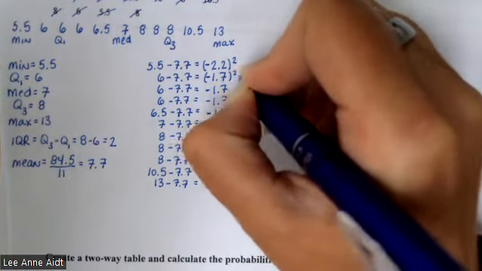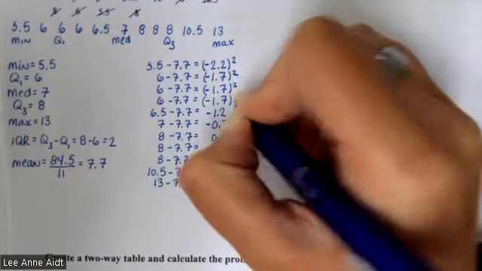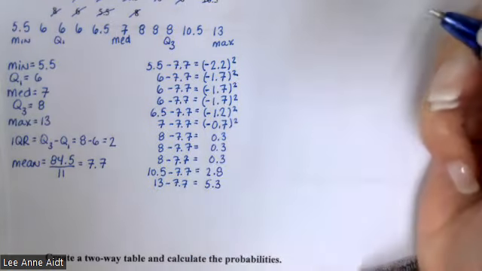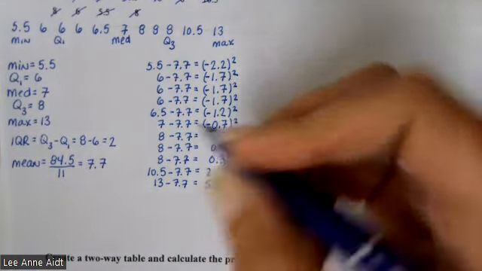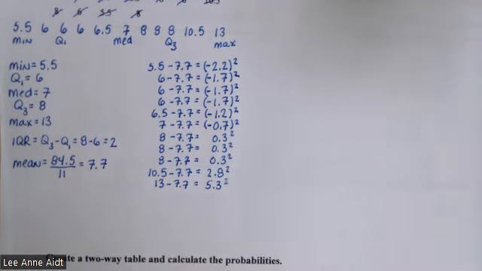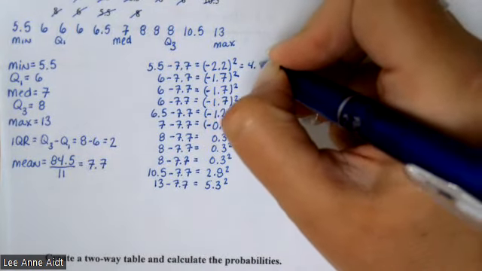Okay, now, next question. Why am I putting parentheses on the negative ones when I square? Yeah, because the whole point of squaring them is to make all of the numbers positive. Okay, thank you.